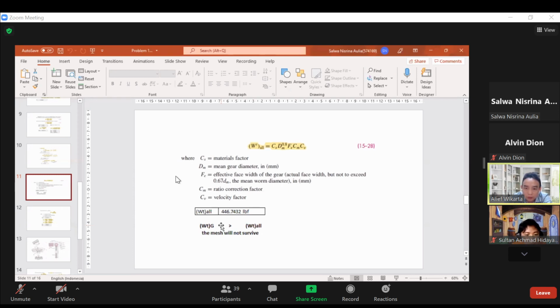So the conclusion is just whether it will survive or not, sir. Yes, it will survive within 25,000 hours. But if we keep operating the worm gear after 25,000, other parameters will affect the life of the worm gear.